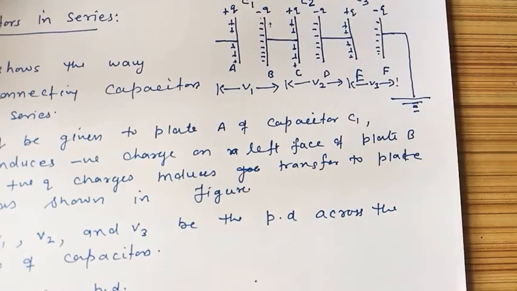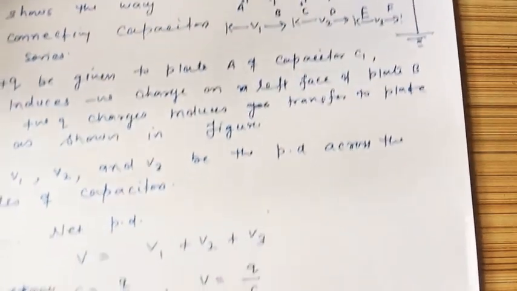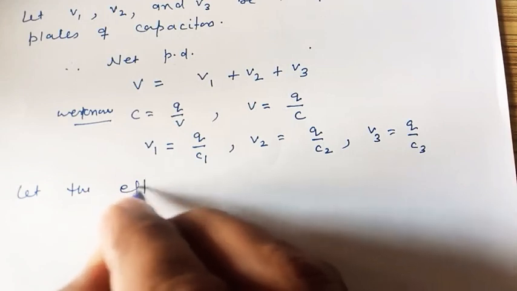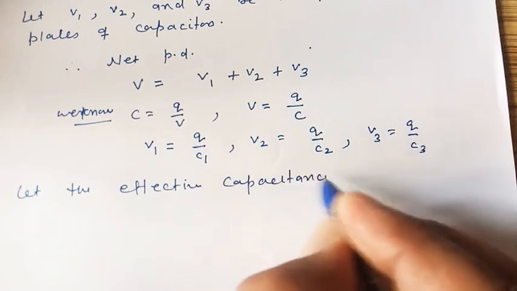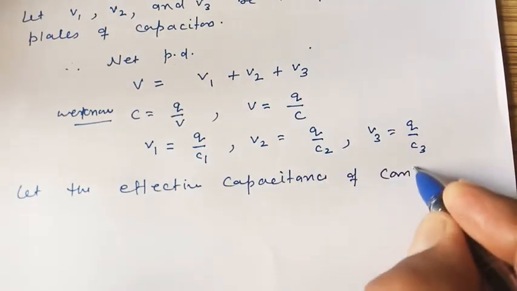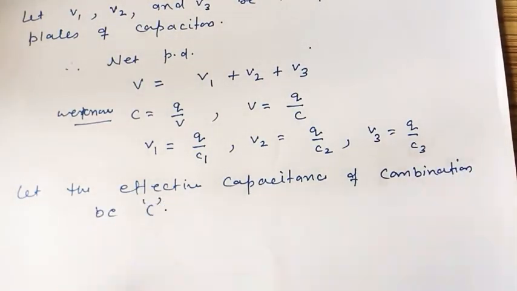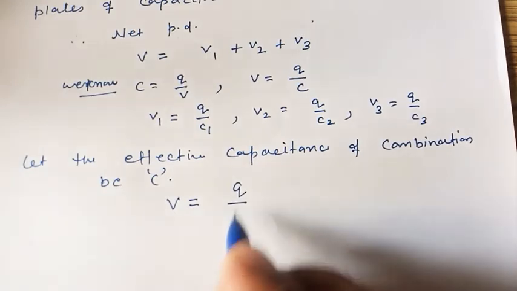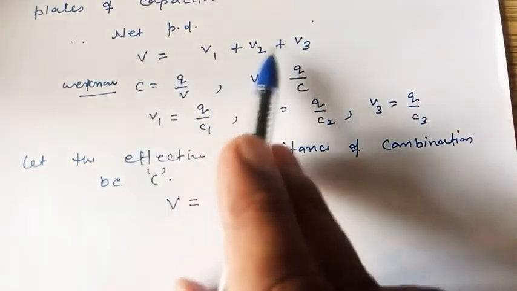Let the effective capacitance of this whole combination be C. So the net potential difference is equal to total charge over total capacitance, that is C. Now put all these values here.